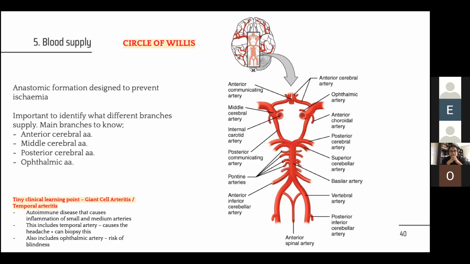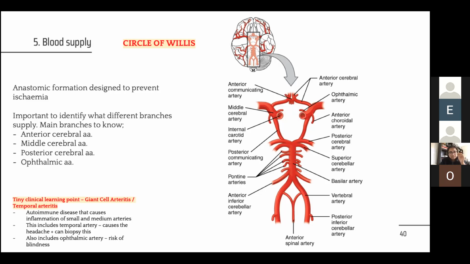So what giant cell arteritis is, it's an autoimmune disease that causes inflammation of small and medium arteries, right? So this can happen anywhere in the body. In particular, it can affect the temporal artery, which runs outside your skull, which is how it usually presents. So people come in with headaches and they're like, it hurts when I chew, or I have a ripping headache on one side.